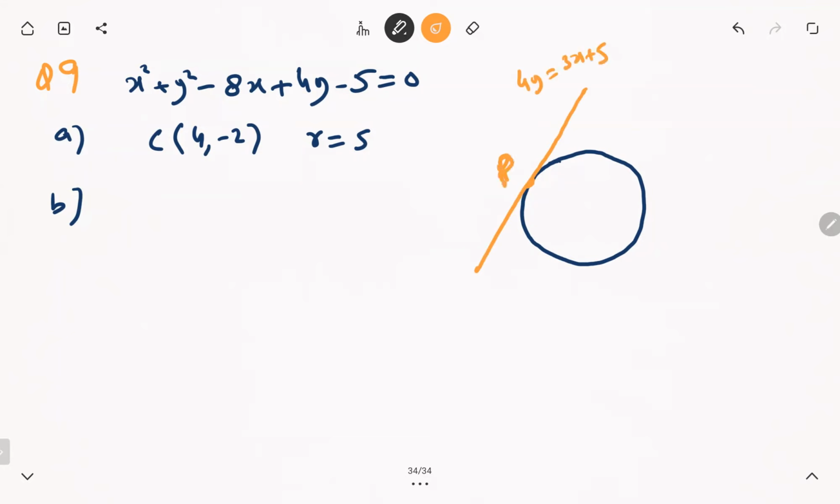Further, it says the point Q lies on the circle and PQ is parallel to x-axis. That's the important information. So where should I label Q? I should label Q directly opposite here so that I can make it parallel to x-axis.